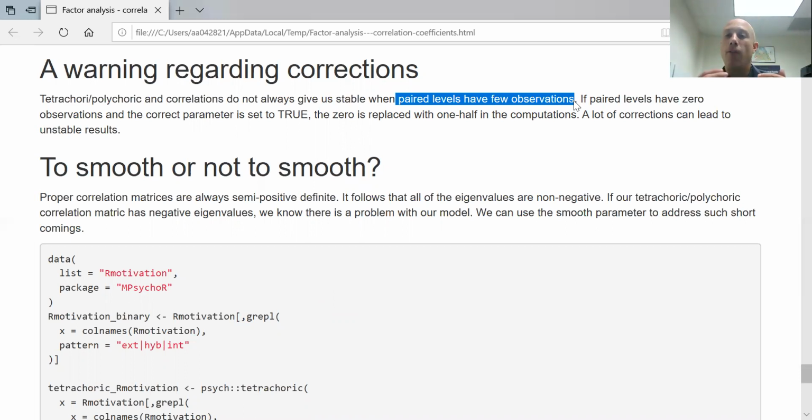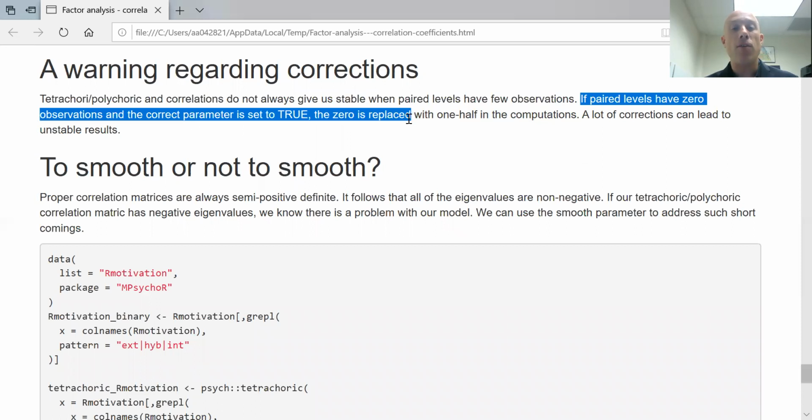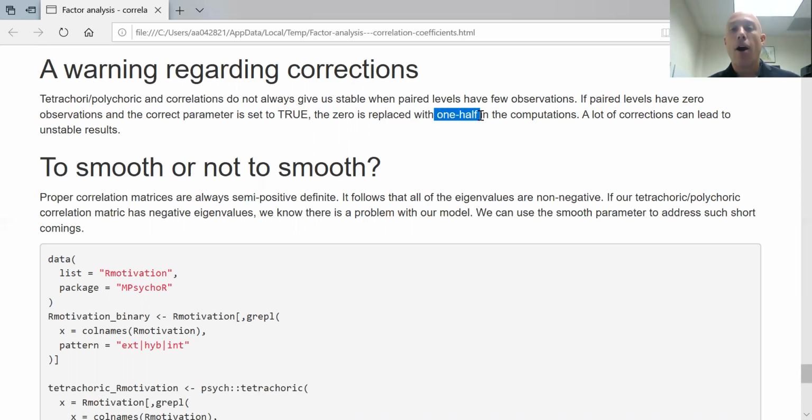If paired levels only have a few observations, then a few observations in there or a loss of a few can change the output by quite a bit. Now, if paired levels have 0 observations and correct is true, so the correct parameter is saying, hey, make an adjustment to make sure things computationally work out better, what it's going to do is put 1/2 into the computations.